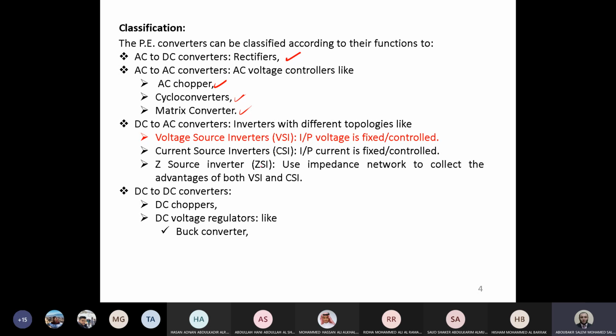Recently, in 2004, there was a new topology for power electronic inverters. It's called Z-source inverter. It's made by combining a voltage source inverter with an impedance network, and it combines the advantages of voltage source and current source inverter.